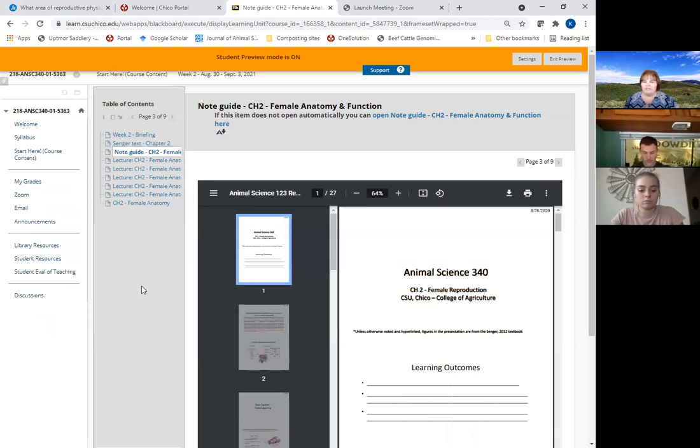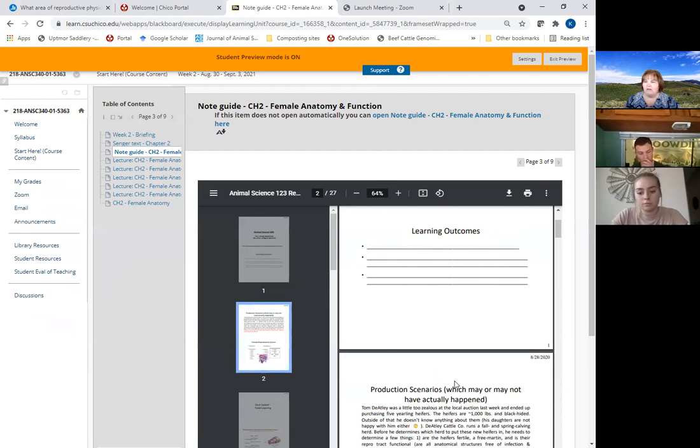And the way that I do note guides is it's like partial notes. These are the slides that are presented in the lecture. For the most part, when we get to chapter 6 and 7 you're going to see a few differences. But part of the material has been deleted off of the note guide.